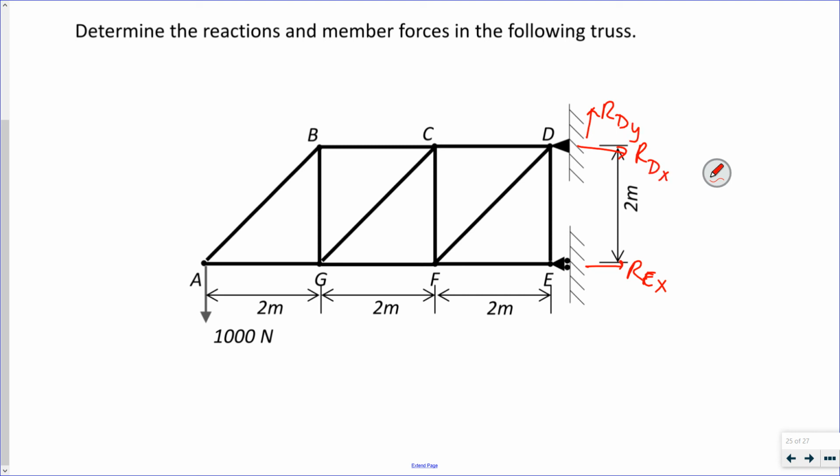Well, I'm going to have a zero force member of DE, right? I take the sum of the forces in the Y direction at E. But that doesn't mean that CD or DF are going to be 0. AB and AG would be 0, except there's that point load of 1,000 newtons right there. I think that's the only one I can assume is 0.